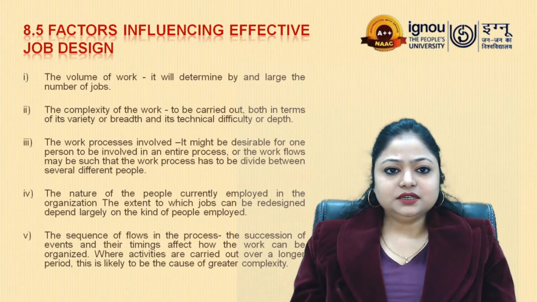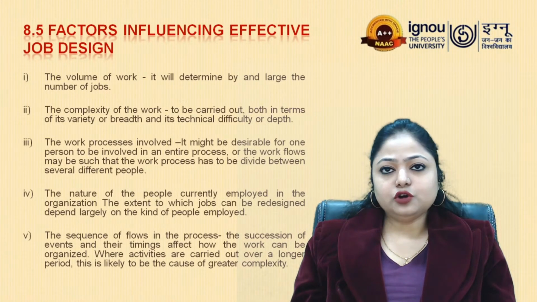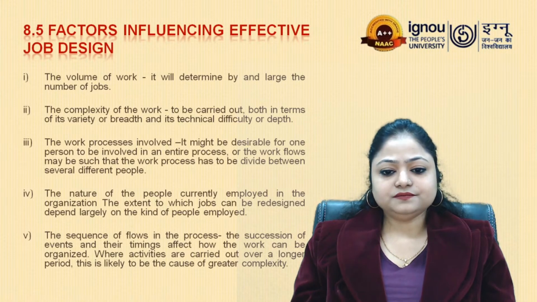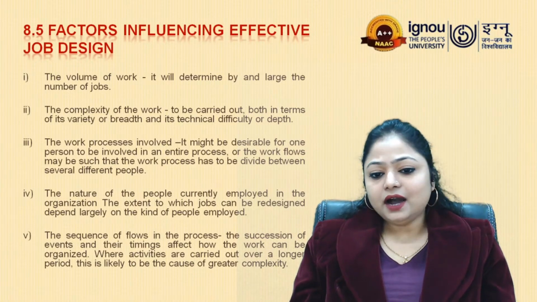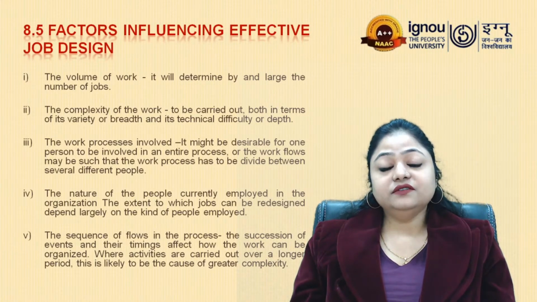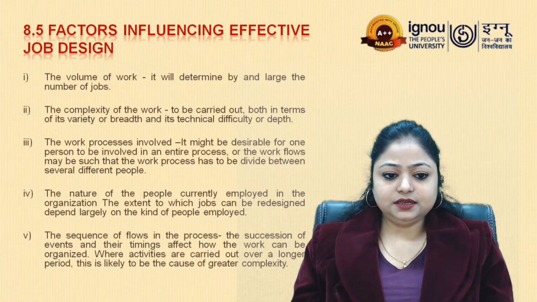Then another factor which influences the effectiveness of job design is the sequence of flows in the processes. The succession of events and their timing affect how work can be organized. Where activities are carried out over a longer period, this is likely to be a cause of greater complexity.